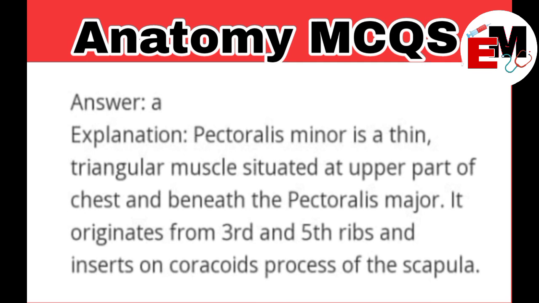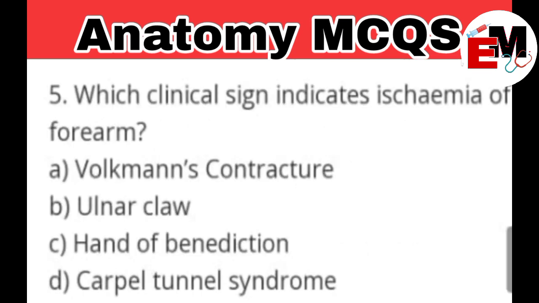It originates from the third to fifth ribs and inserts on the coracoid process of the scapula. This is very important from the examination point of view: its origin, its location, and its insertion.